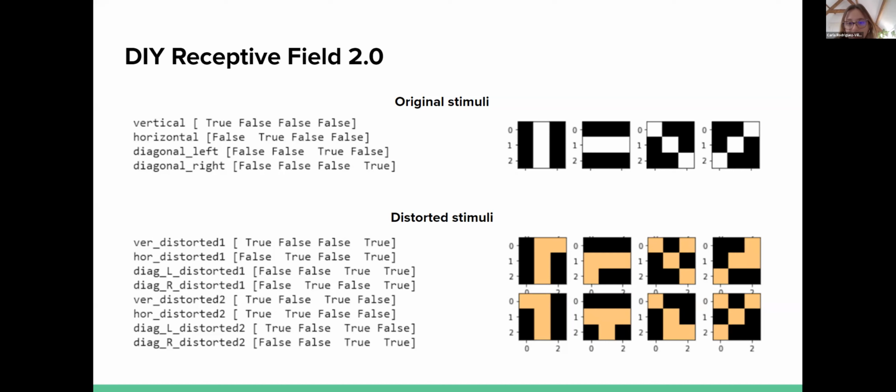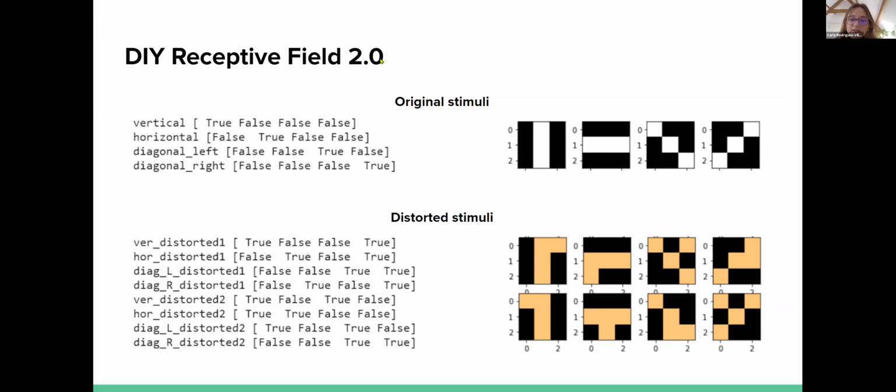We've decided to add some distorted stimuli in order to test our network. So here you can see our distorted stimuli. We've kept the orientations of bars, but we've added a pixel. And we've also lowered our threshold to 2 instead of 3.